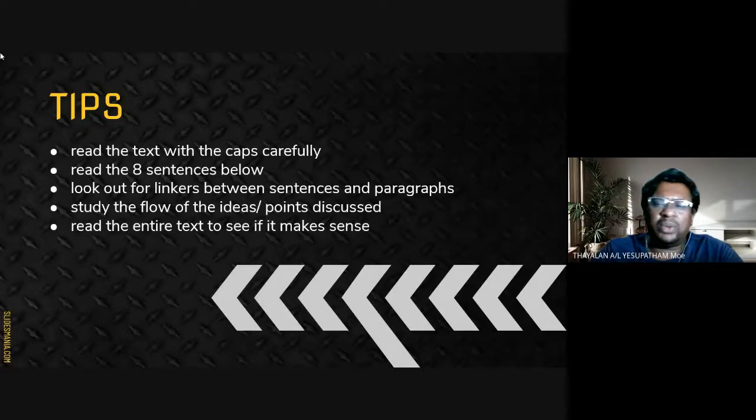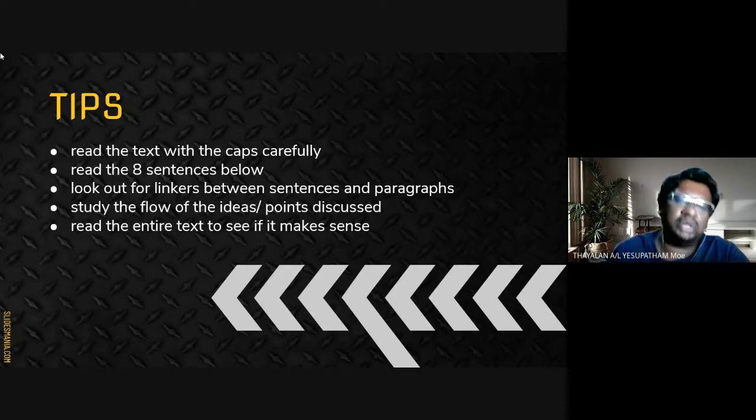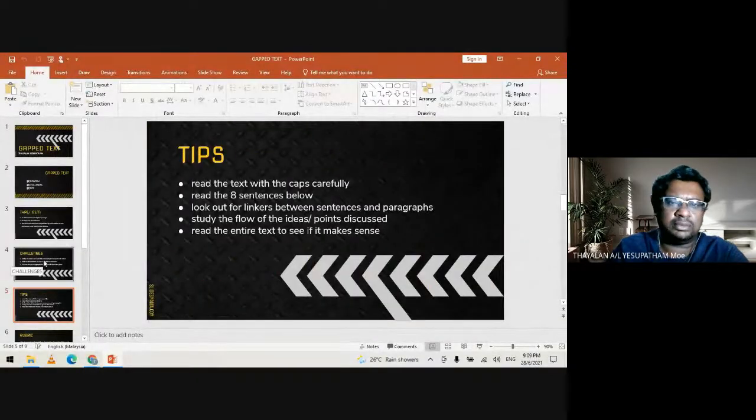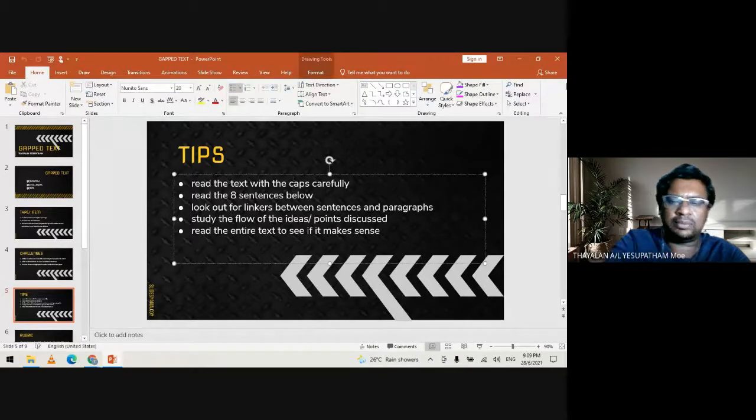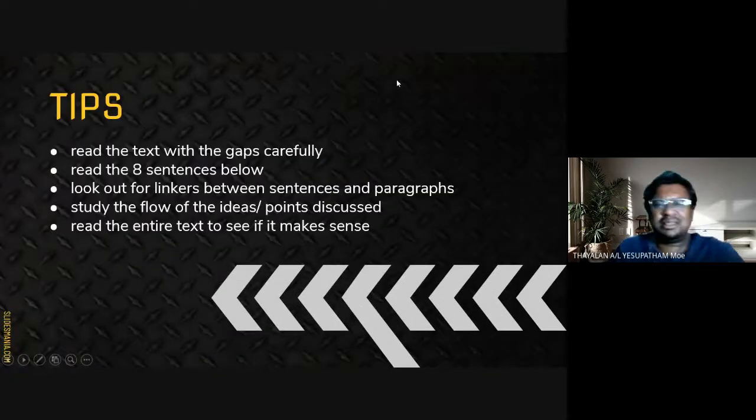Now, for every other question, I've always asked you to read the text, read the questions first. But for this particular task, I would want you to read the text with the gaps carefully so that you'll get a general idea, and then you should move on to read the 8 sentences given.